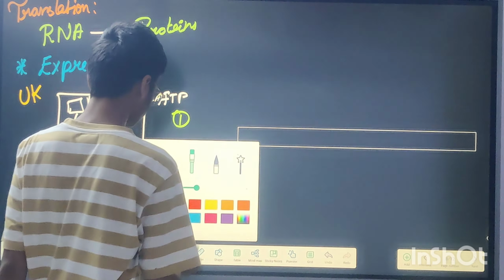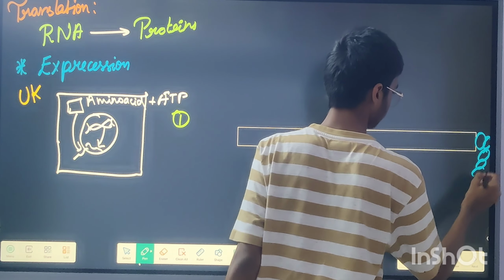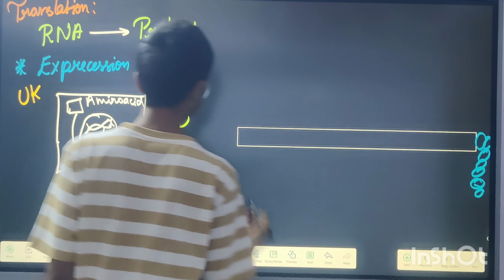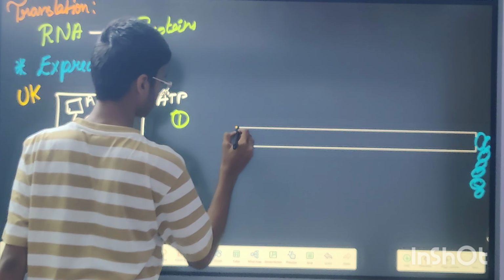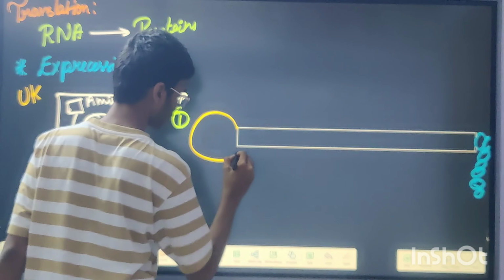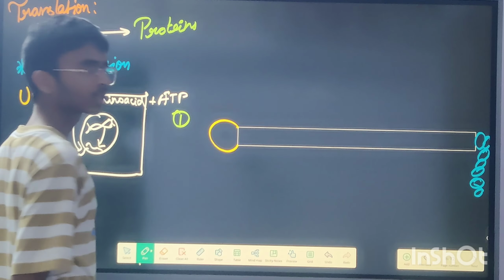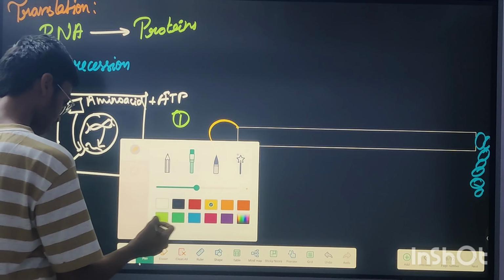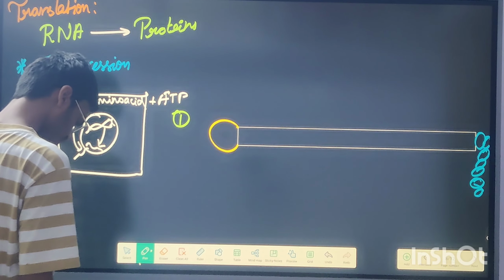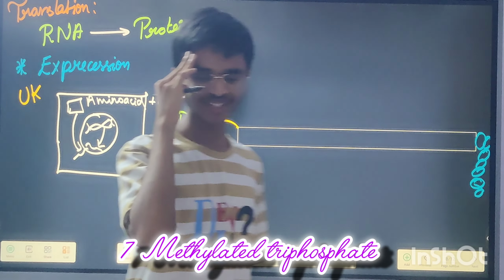So we all know that there will be amino acids, and then there will be one large big head, that is methionine.